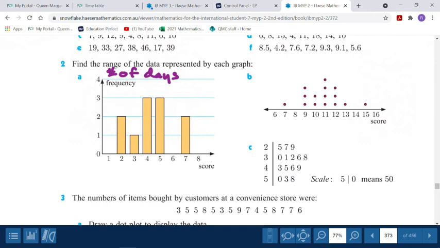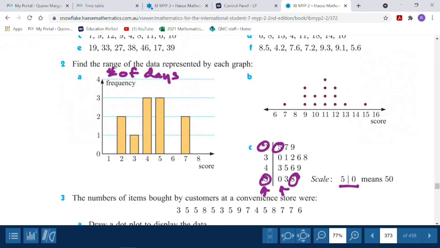So with a stem and leaf plot, the very first stem and the first leaf is always the smallest digit. The last stem and the last leaf is always the biggest digit. And we have our scale there so that these are the tens and these are the ones.